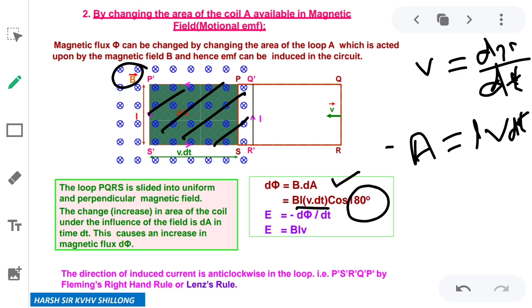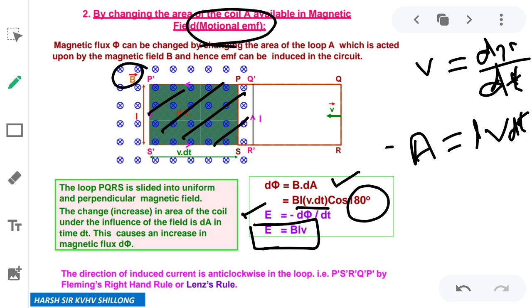What will be flux? Minus B L v dt. Now by Faraday's law, E is equal to minus d phi by dt. If you replace the value of d phi, which is also negative, you'll get the final answer as E equal to B L v. This one is known as motional EMF.